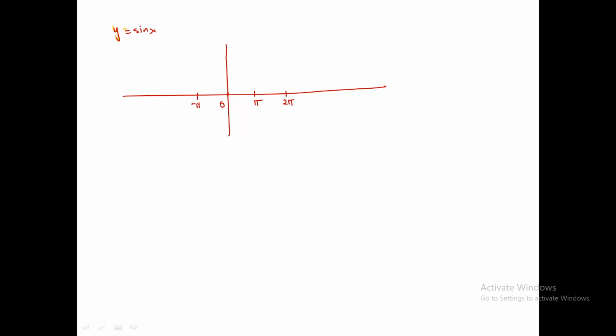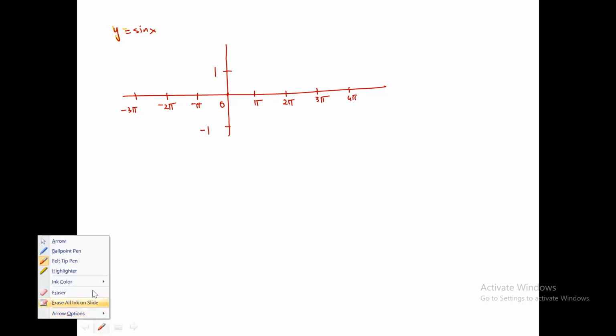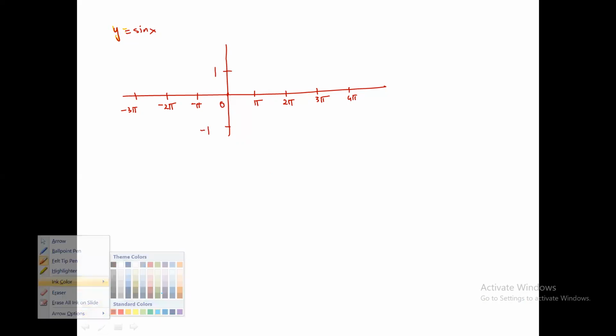Here minus pi, here minus 2 pi, here 3 pi, here 4 pi, like that it goes, minus 3 pi and so on. Here 1 and here minus 1. So see how the graph goes.